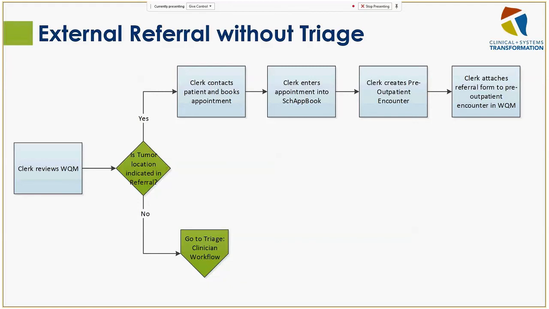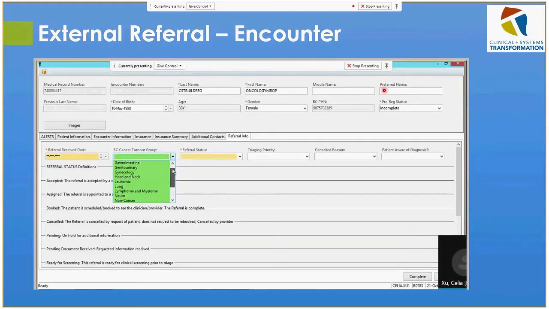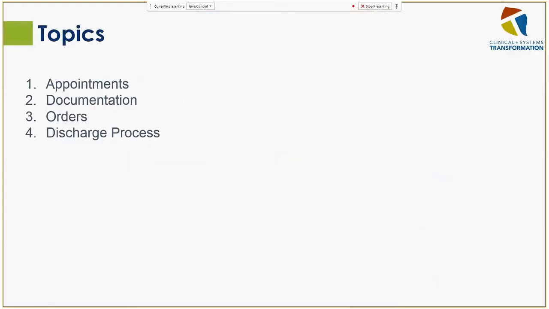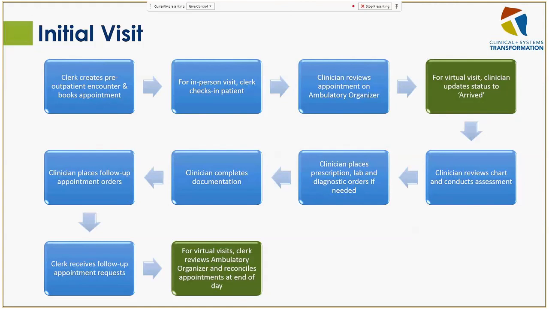So I'm just going to skip through this because the same applies to the external encounter. And we'll just go to clinic design, so the day of visit. So we're going to talk about appointments actually next. So on the initial visit, and once again, this is very, very high level, the clerk will create a pre-outpatient encounter and book the appointment.